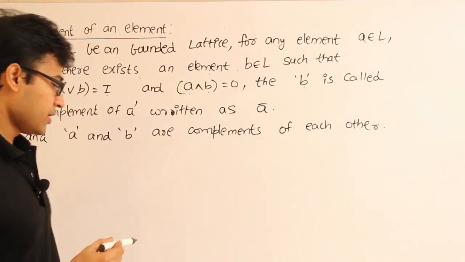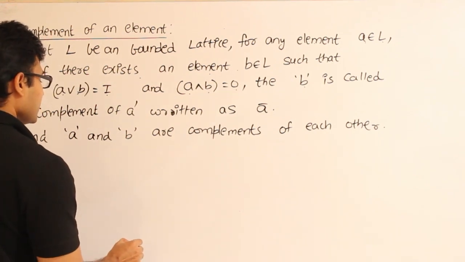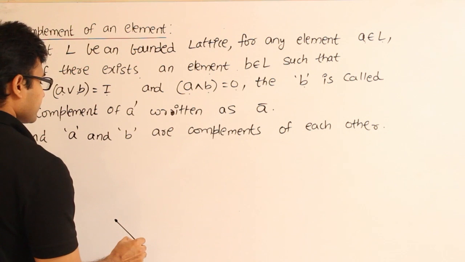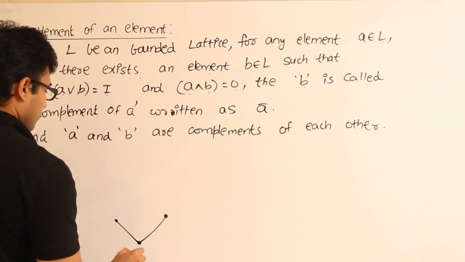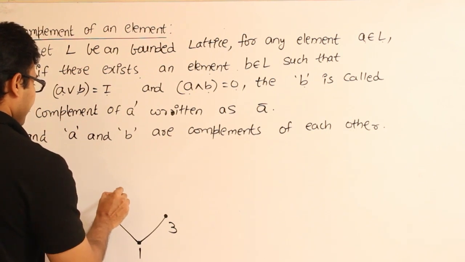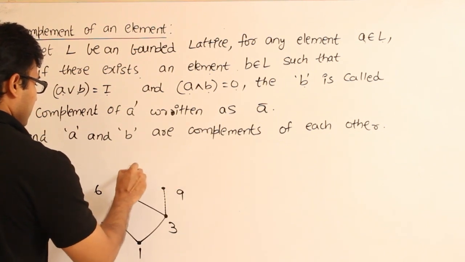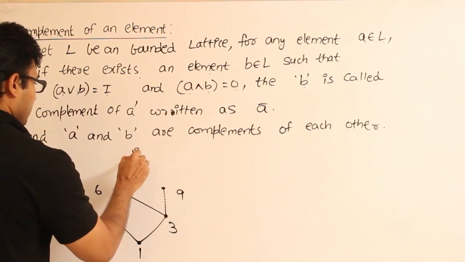So let's take a bounded lattice, D18, where divides is the relation. Let's see that. 1, 2, 3, 6, 9 and let's say 18 is here.